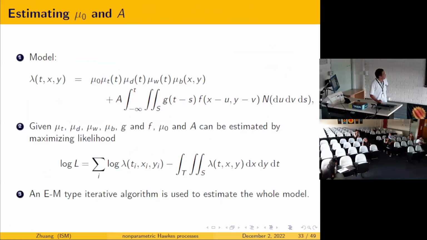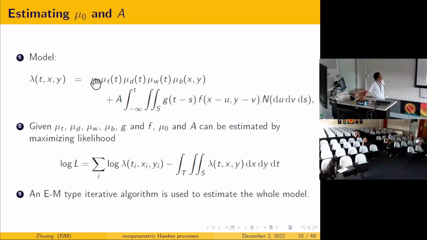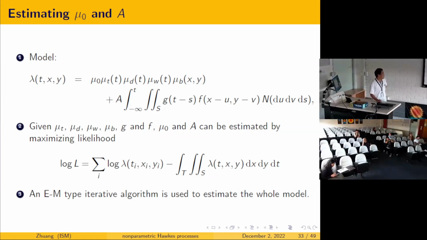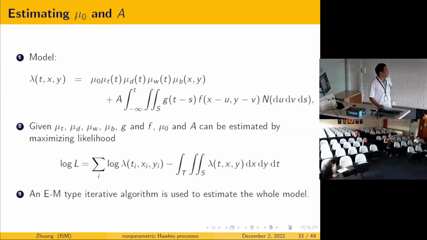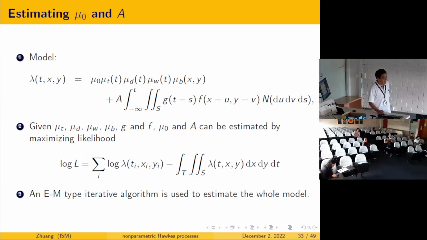So we still have two parameters, mu0 and A, in the model, not yet estimated. It's quite easy. We just carry out some MLE procedure and design the EM algorithm, something like an iterative algorithm for the whole model.